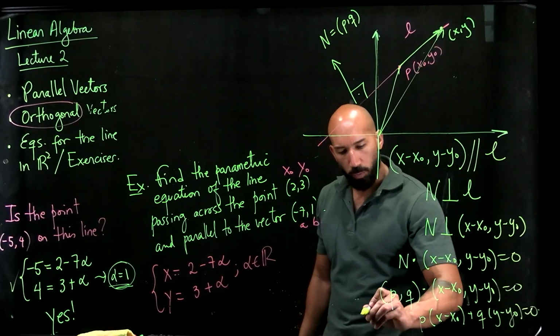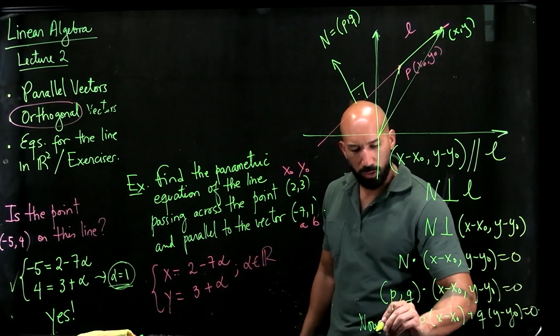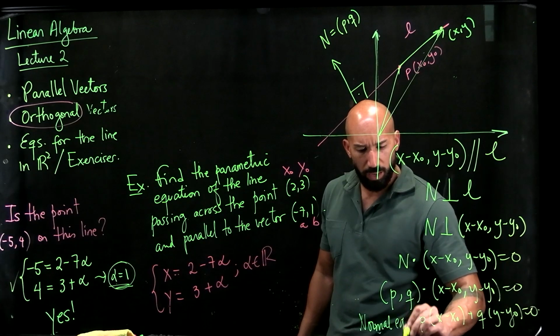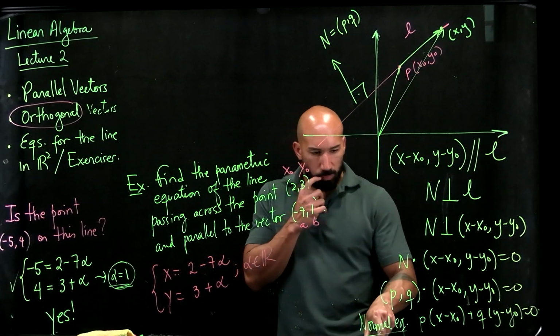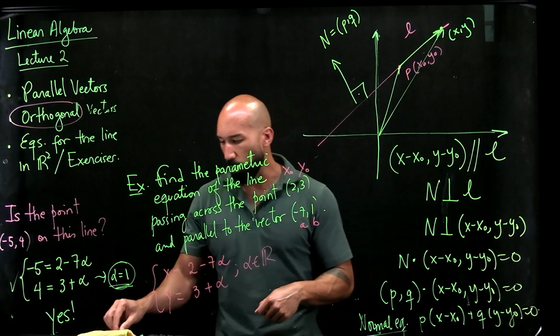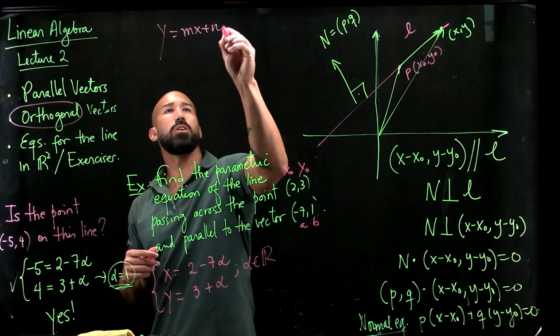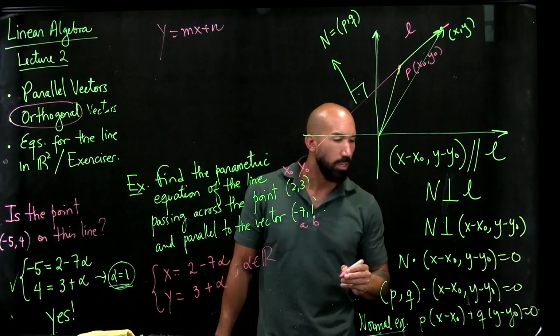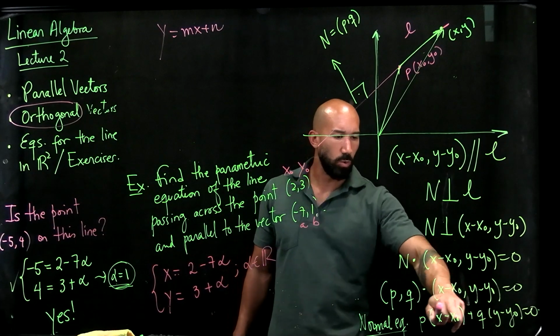And this is the normal equation of the line. This is the equation maybe a little bit more similar to the one that you have studied before, y equals mx plus n, or plus b, whatever symbol you use for that part. Is that okay? Obviously, I can work here a little bit.